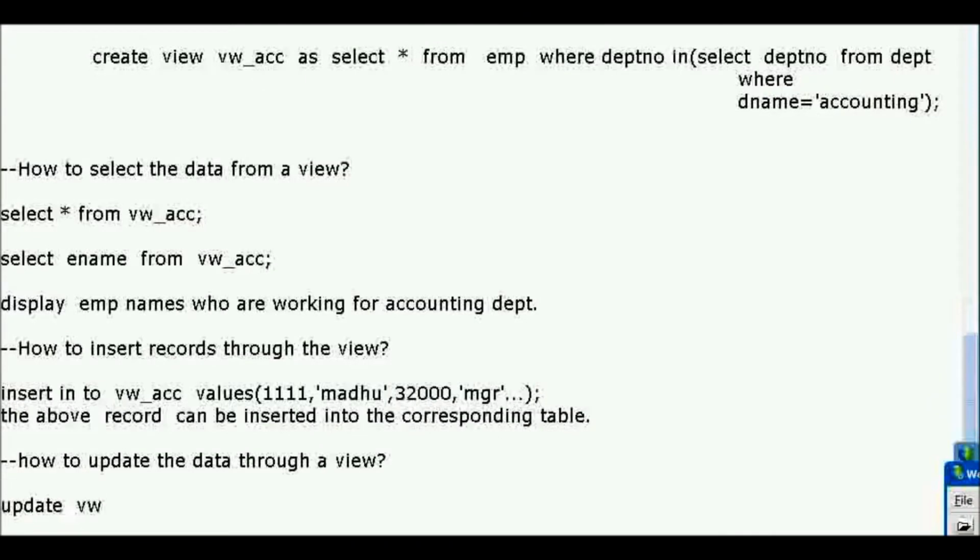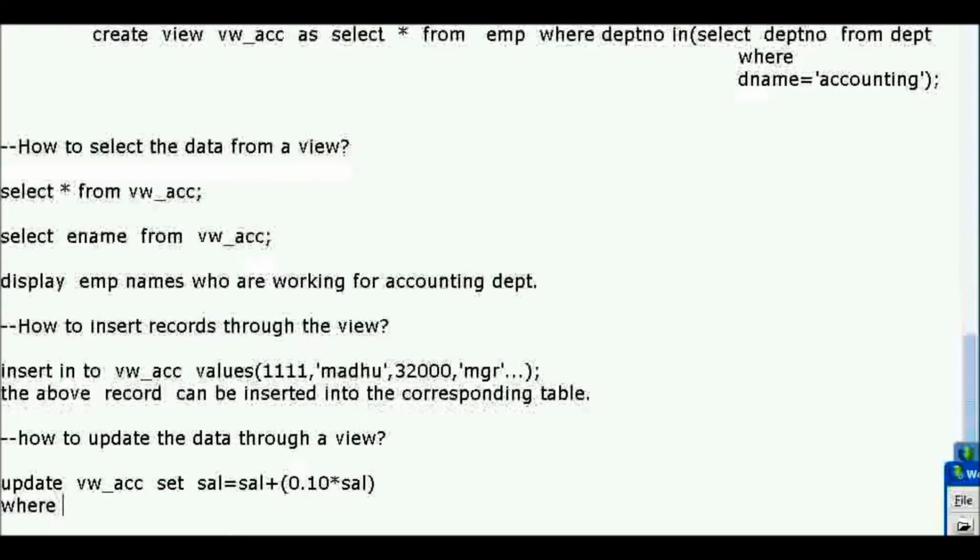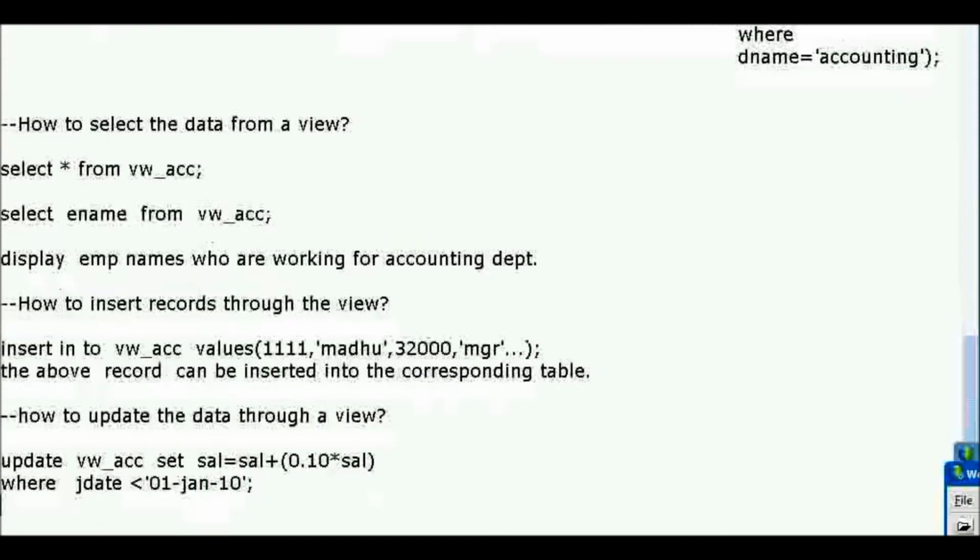Update VW_ACC set sal equals sal plus 0.10 into sal where join date less than 01 January 10. So the corresponding updates affect the original table.